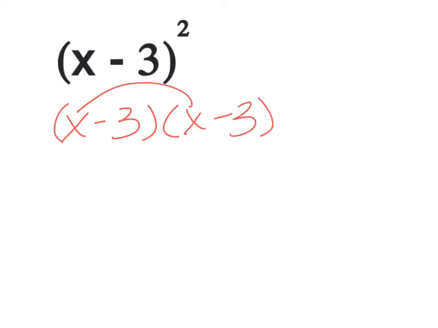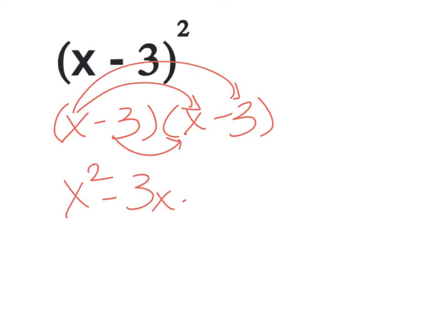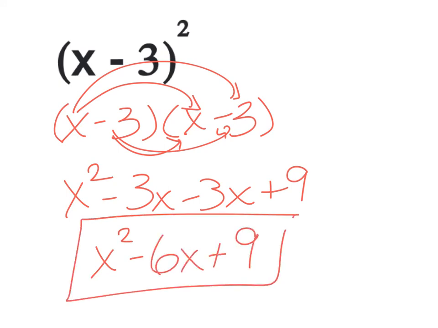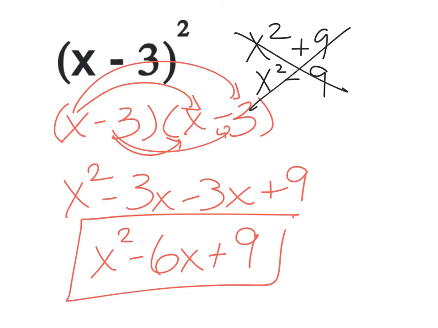You're going to use the distributive property, so that's x to the second power minus 3x plus 9, and so writing that in standard form, that's what you have. That's the correct answer. The wrong answer is x squared plus 9 or x squared minus 9. Wrong. So don't make those common errors.